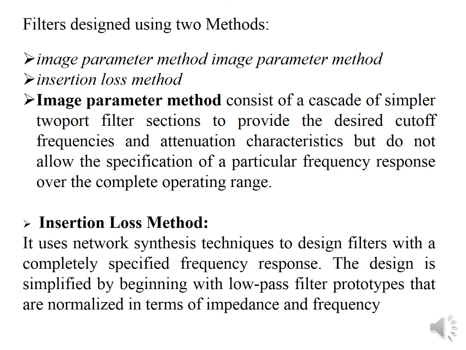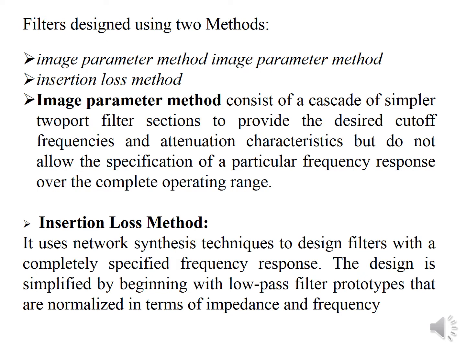So basically we can use two methods for filter design. One is the image parameter method and another one is the insertion loss method. First, the image parameter method. In the image parameter method there will be a cascade of simple two-port filters. This provides the desired cutoff frequency that is needed to pass, as well as the attenuation characteristics, but it does not allow the specification of a particular frequency response over a complete operating range.